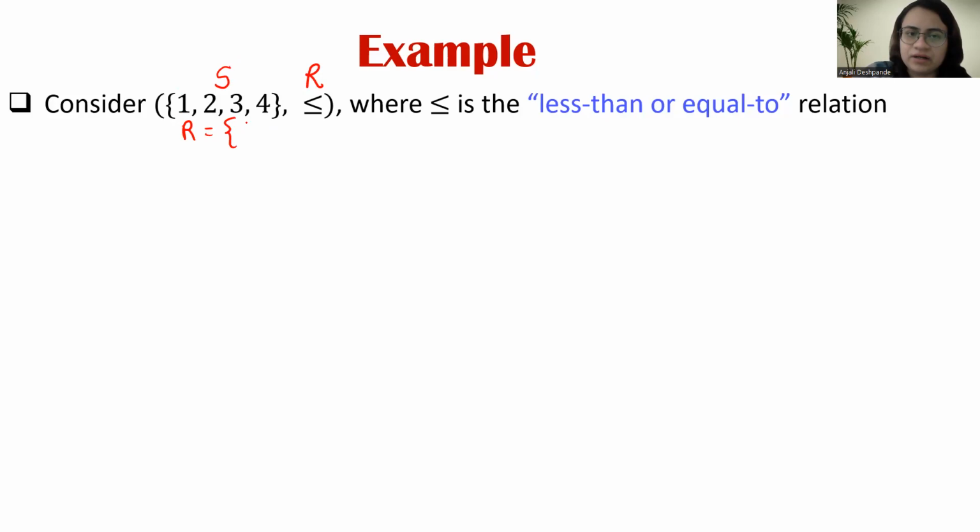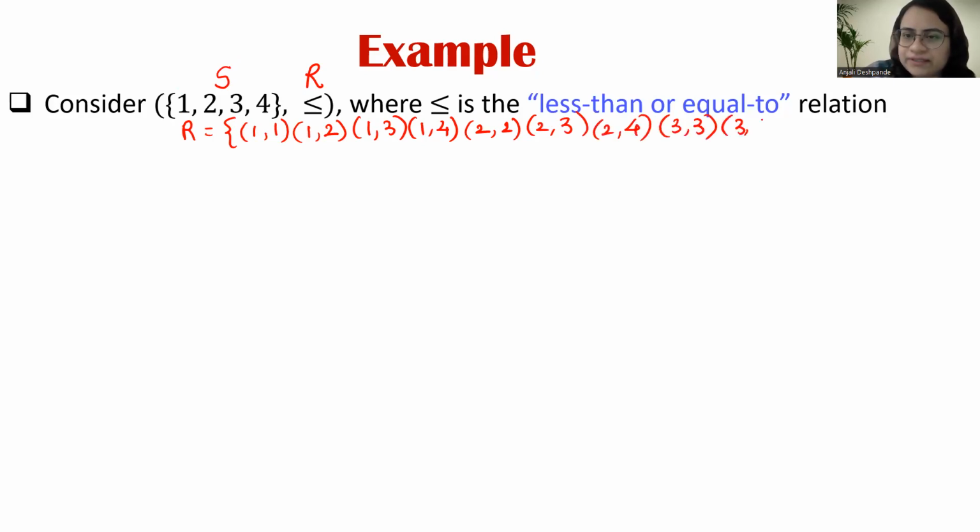Here 1 is less than equal to 1, 1 less than equal to 2, 1 less than equal to 3, 1 less than equal to 4, 2 less than equal to 2, 2 less than equal to 3, 2 less than equal to 4, 3 less than equal to 3, 3 less than equal to 4, and 4 is less than equal to 4. So this is my relation R. This is a poset. You can verify it yourself.